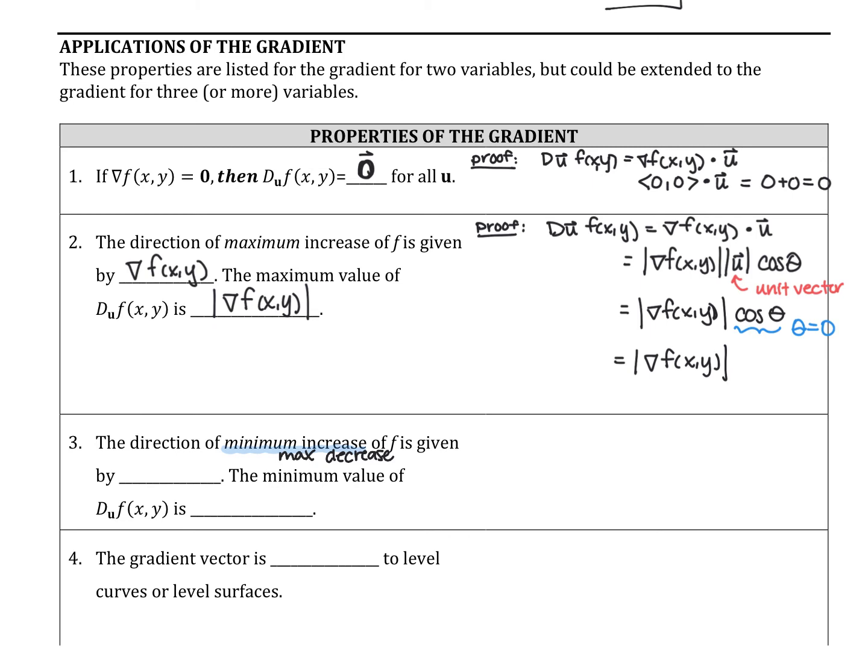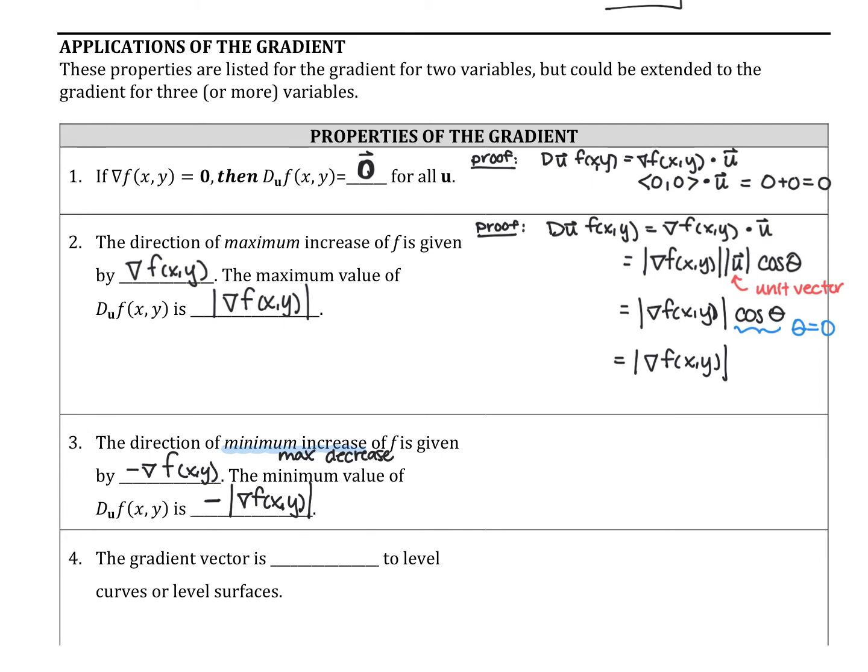Well, as you can probably guess, this is going to be the opposite of the gradient of f(x, y). And then the minimum value is going to be the opposite of the magnitude of the gradient. Okay, and I'm not going to give a proof for that one as it follows very closely from number 2.